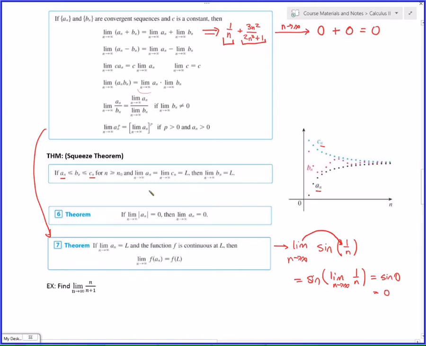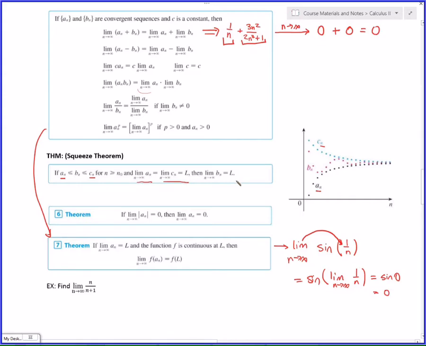And let's say that B is somewhere in between them all the way through the sequence. It's bouncing back and forth, it's doing crazy things, but it's always between those two. And let's say both A sub n and C sub n go to L. Then what has to be true of the thing in the middle? It also has to go to L.